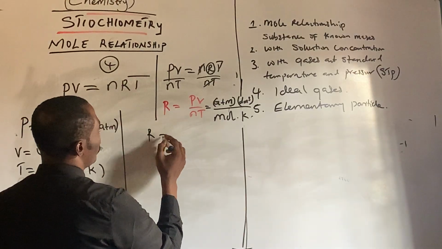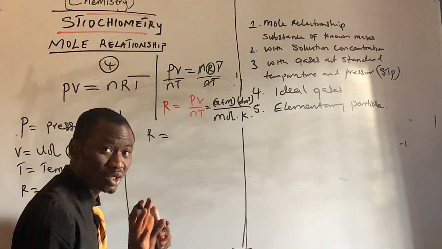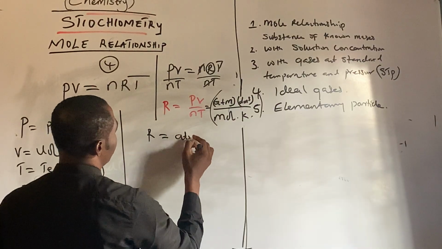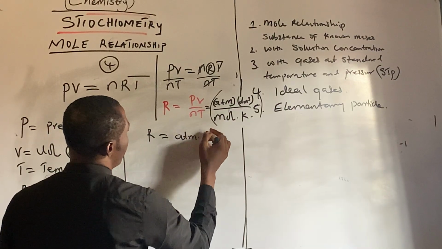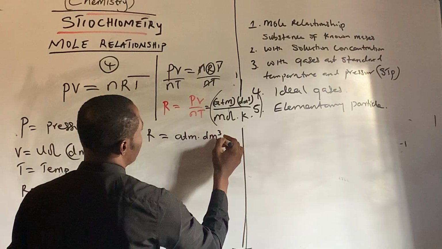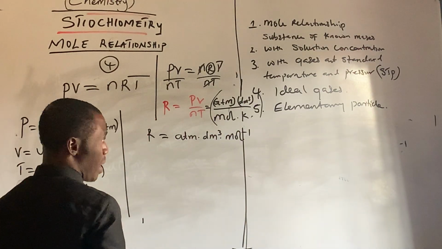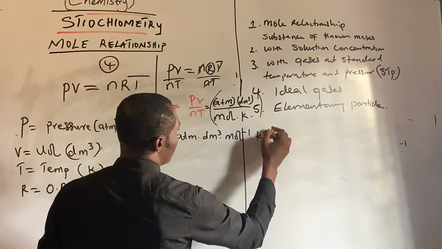If you do your little mathematics, R will be equal to the units, which is atm times dm³ per mole per Kelvin. All right, so this is the unit.